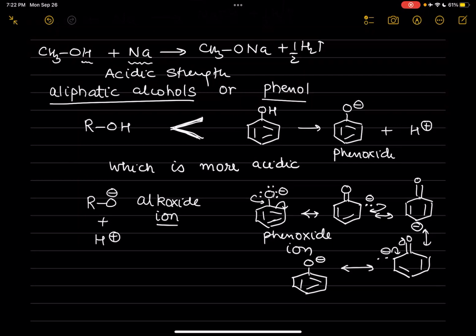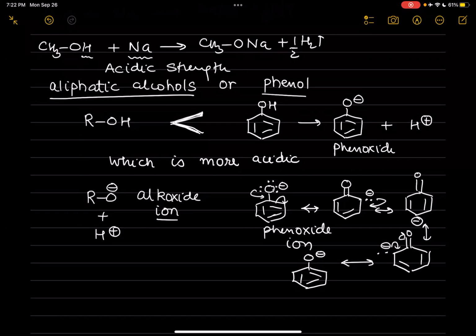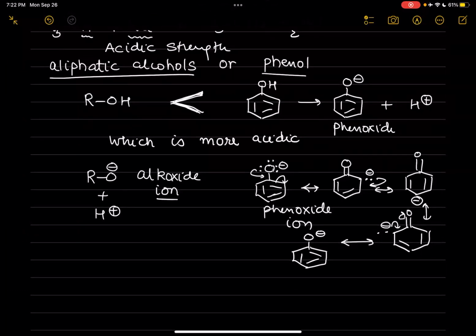Okay, so it is due to resonance. You are not going to write each and everything. Just write the basic thing: phenols are more acidic than aliphatic alcohol, because after removal of H plus, the phenoxide ion which forms gets stabilized by delocalization. The negative charge keeps moving in the benzene ring, because it is adjacent to benzene.